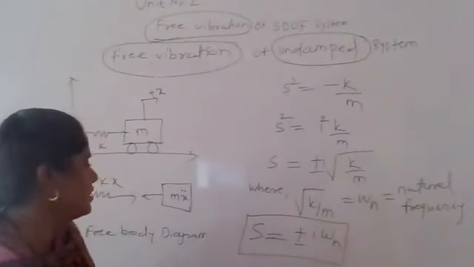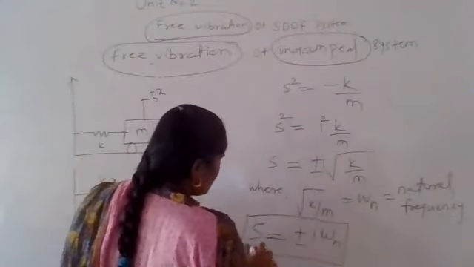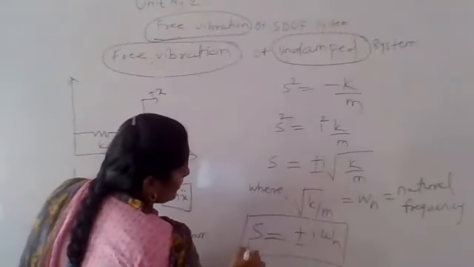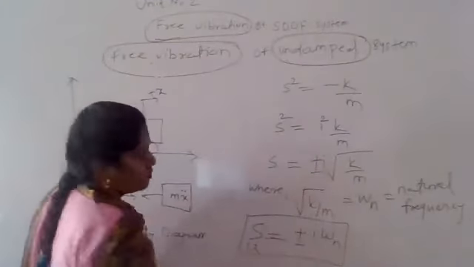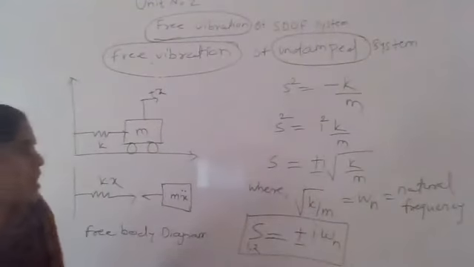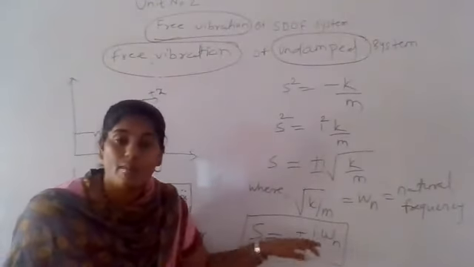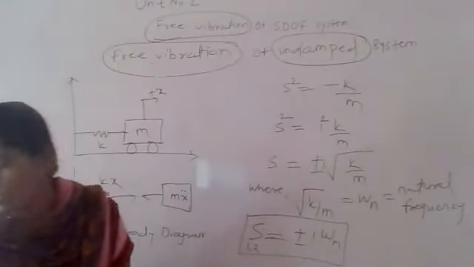So all of you write down this. S is equal to plus or minus I omega n, which means s1 is plus I omega n and s2 is minus I omega n.